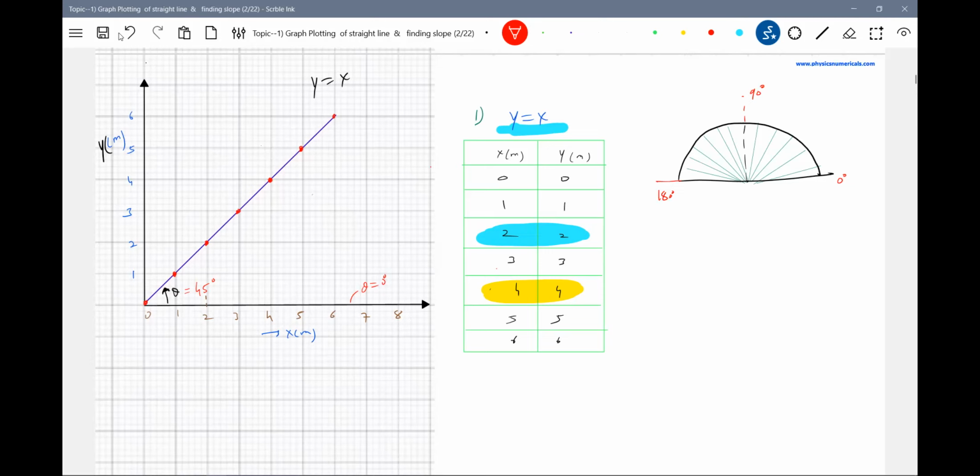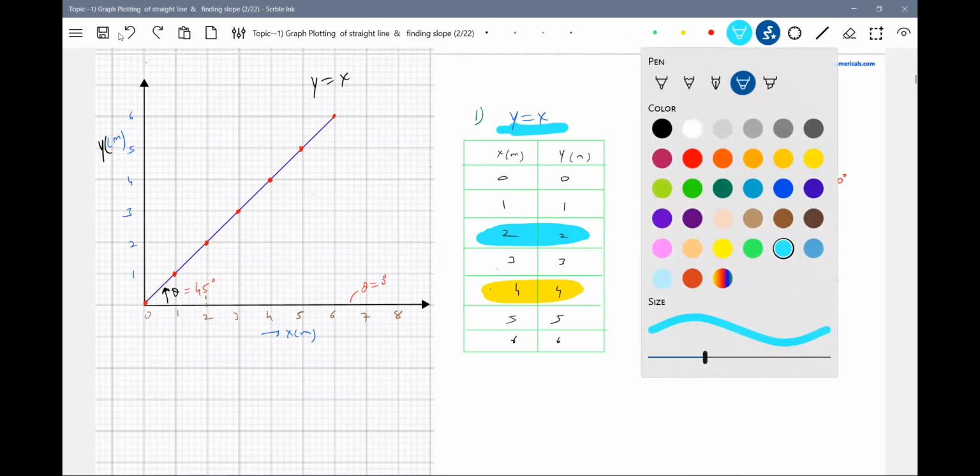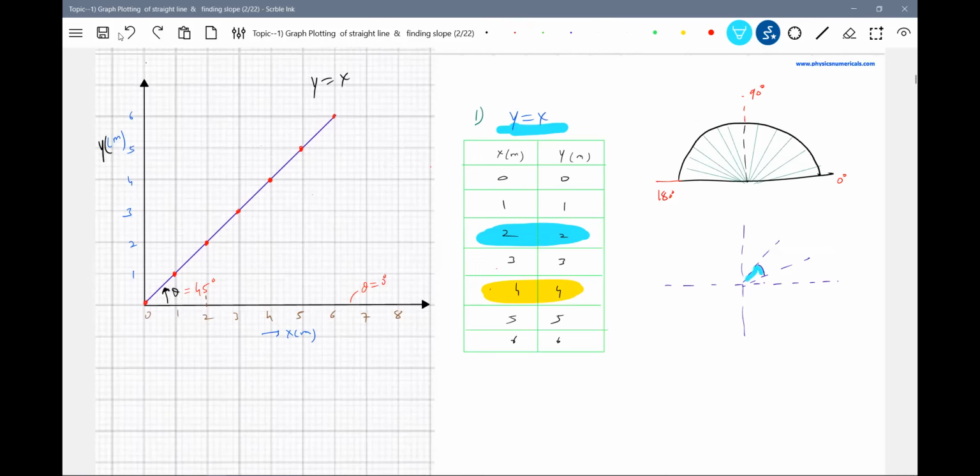How do we measure that angle? If you take the rectangular coordinate system, and you measure this angle, let me shade this angle. So what should this angle be? It is taken as positive, no?